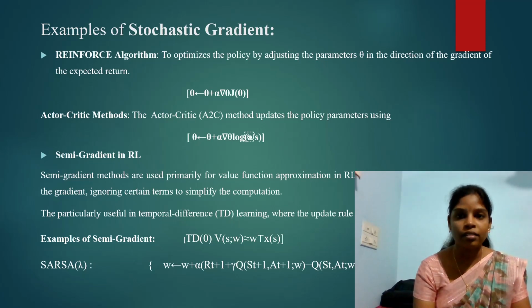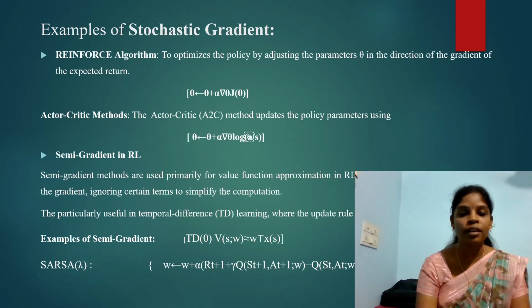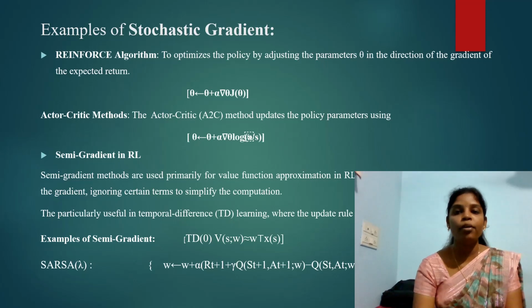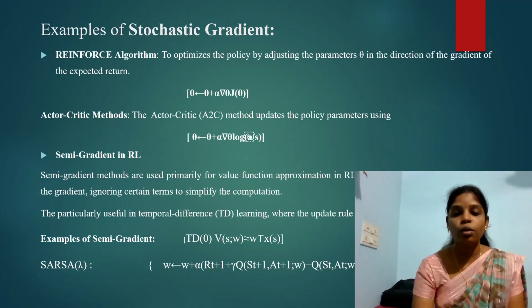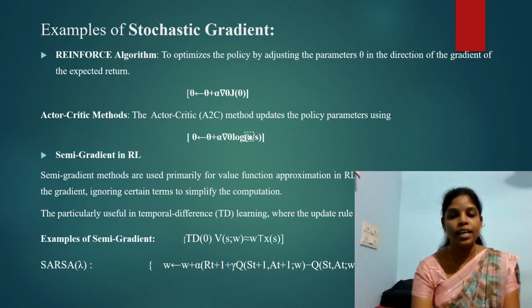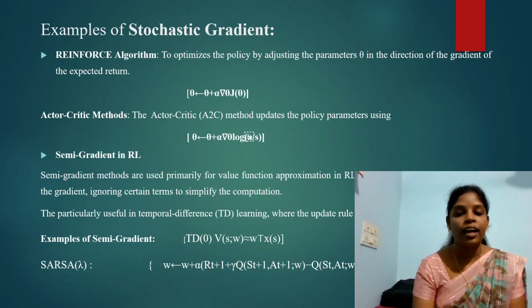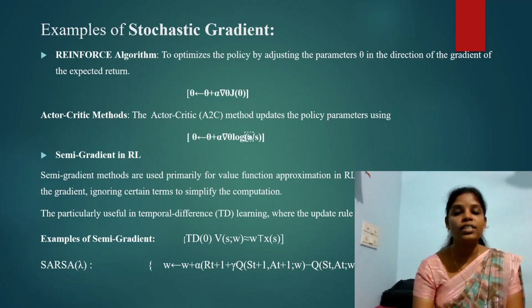R is the reward. The time step becomes t plus 1, with lambda Q of S t plus 1, A t plus 1, and W. W is one example of the parameter theta. This comes under Q-learning, with the bootstrapped estimate of the rewards.